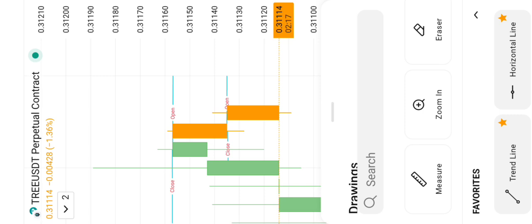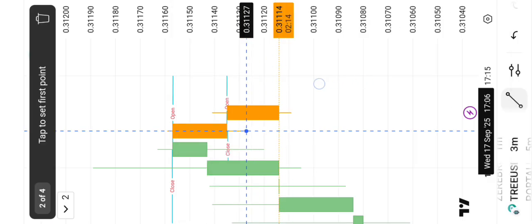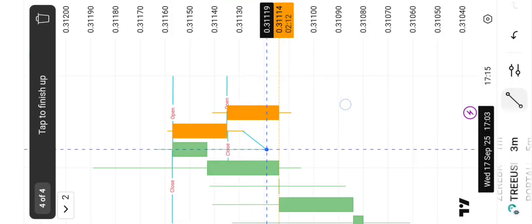So this is the wick. This is the swing low of this bearish candle. This is a confirmed swing low of the bearish candle.